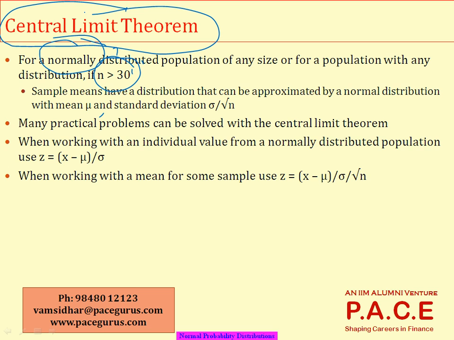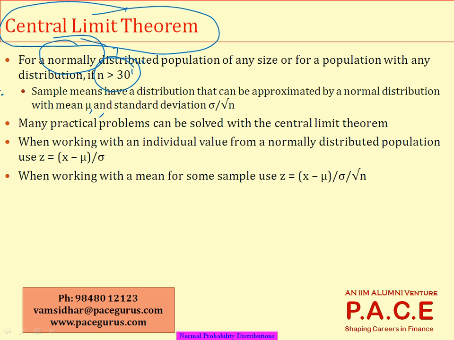Two aspects. If the data is following a normal distribution, irrespective of what the sample size is, or if the sample size is at least 30, irrespective of whatever its distribution, this property holds true.